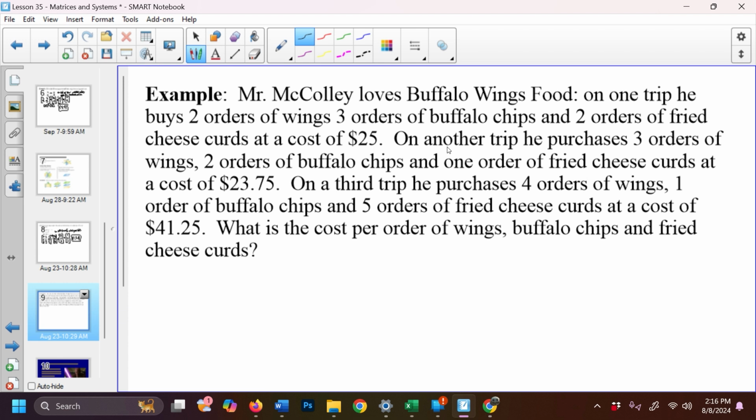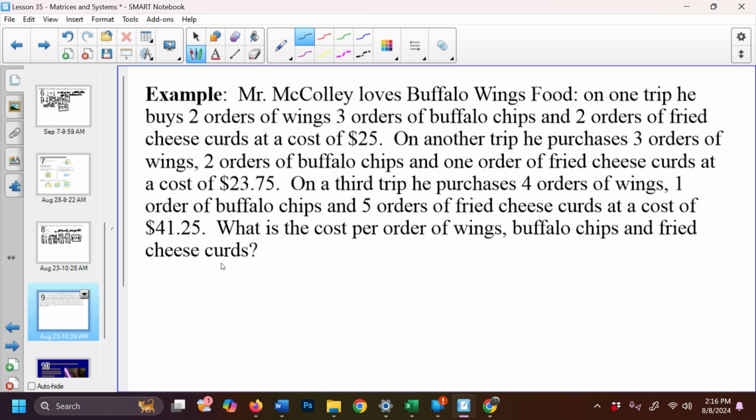On another trip, he purchases 3 orders of wings, 2 orders of buffalo chips, and 1 order of fried cheese curds at a cost of $23.75. On a third trip, he purchases 4 orders of wings, 1 order of buffalo chips, and 5 orders of fried cheese curds at a cost of $41.25. What is the cost per order of wings, buffalo chips, and fried cheese curds?